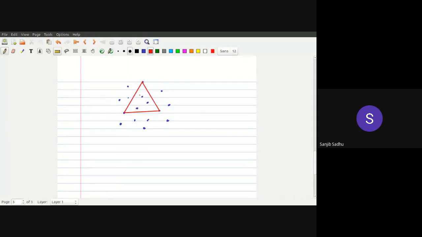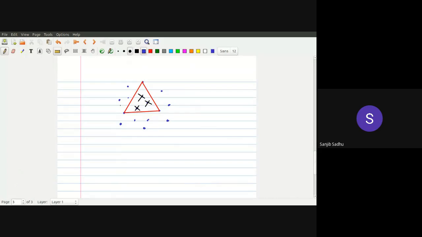These 3 points, you check. Yes or no? No, sir. So you remove them, you cut. Fine. So in this case, for example, 3 points are removed. Again, you draw another triangle randomly.